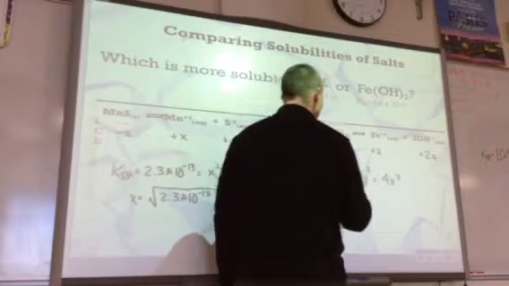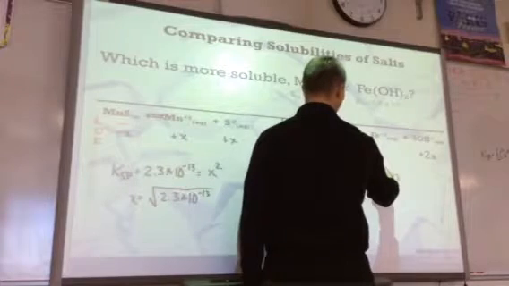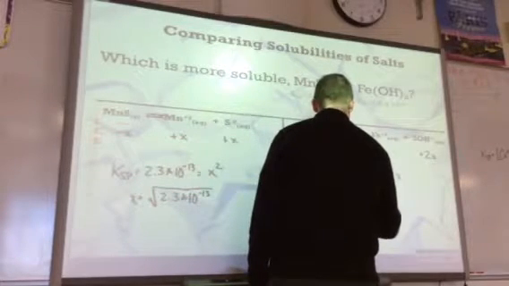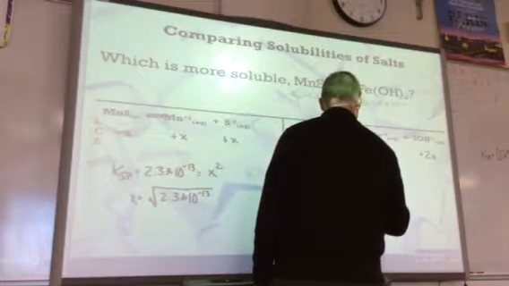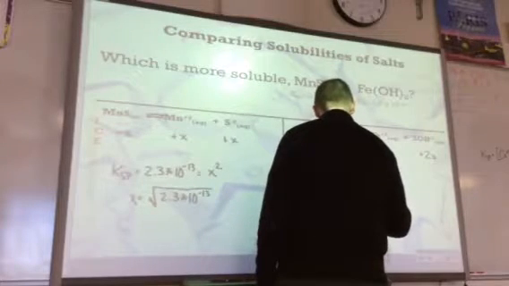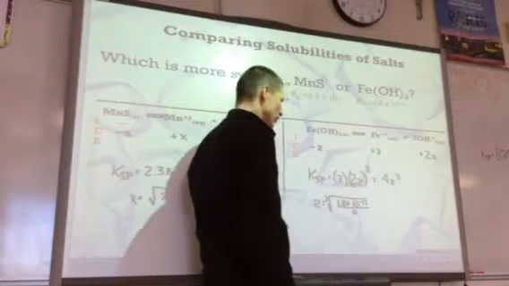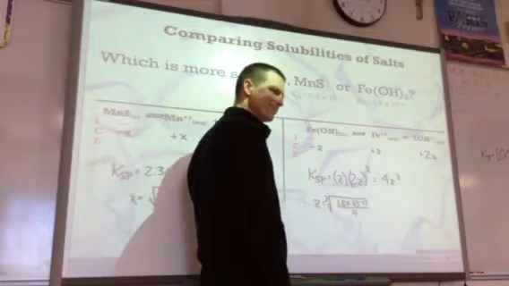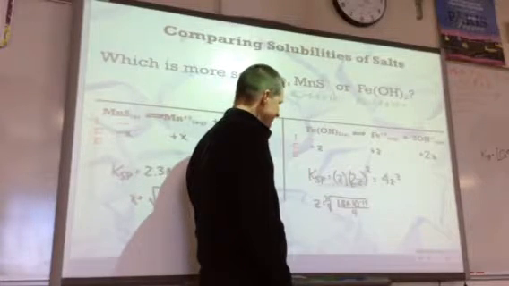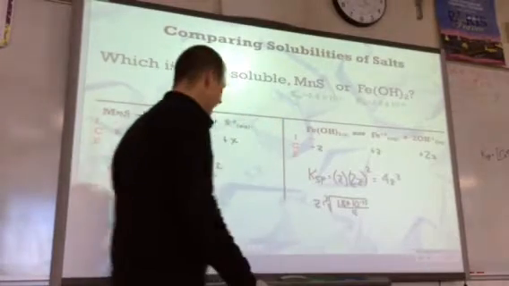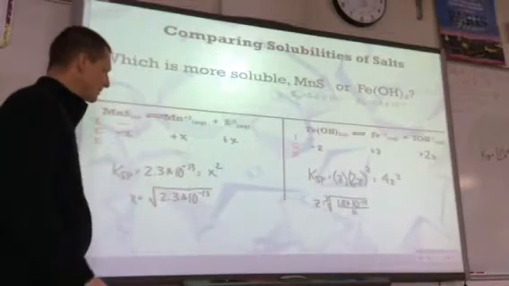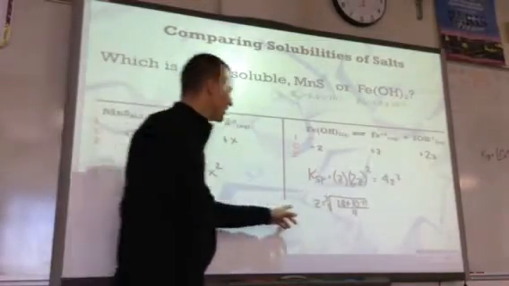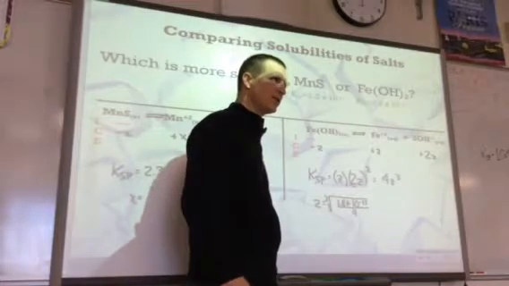The cube root of, well, you got to take that 4 out of there too. So it's 1.8 times 10 to the negative 15th over 4, and then take a cube root of that.